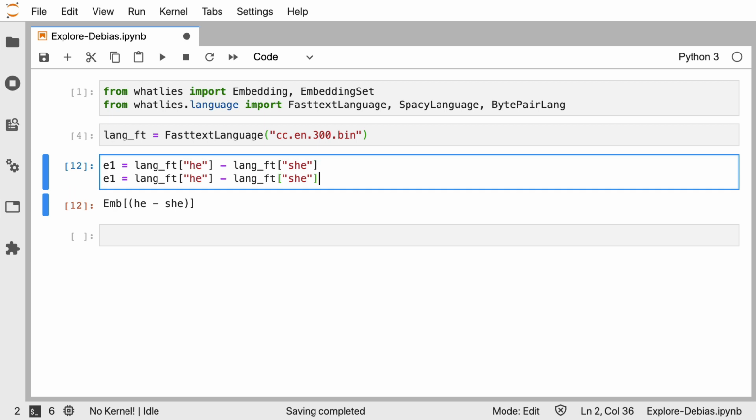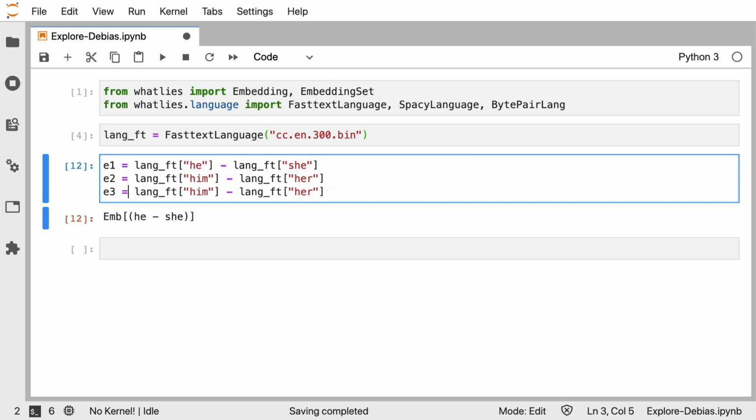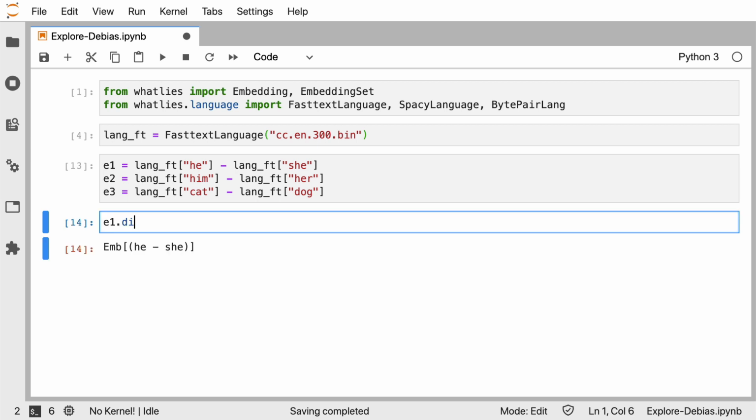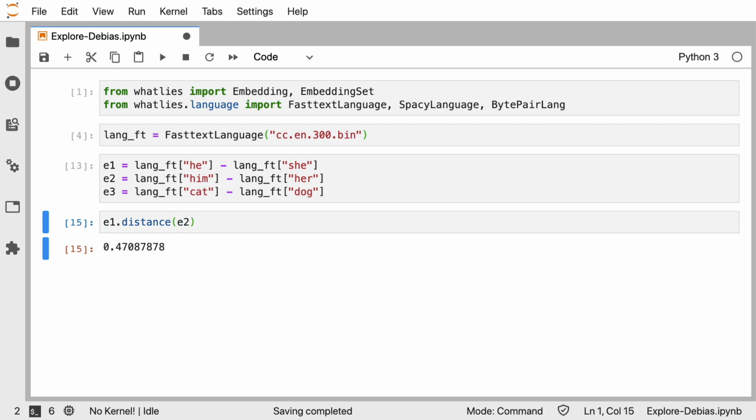And I can do the same thing for him and her. And let's also do that for cat and dog. And what I can do with an embedding is calculate the distance from this embedding to another one. And the base distance measure that I'm using here is cosine distance.